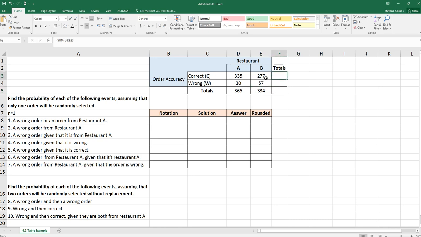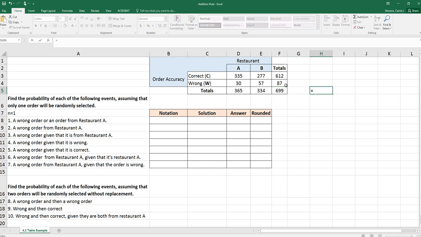Then for the correct total, I add up 335 plus 277 to get 612, and then 87, and then the grand total, when you add up these two values and you add up these two values, you should get the same answer, which is 699.